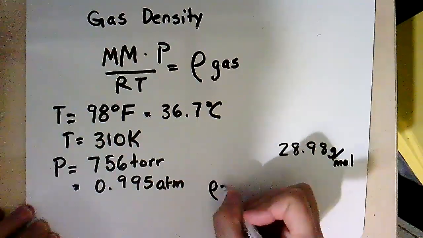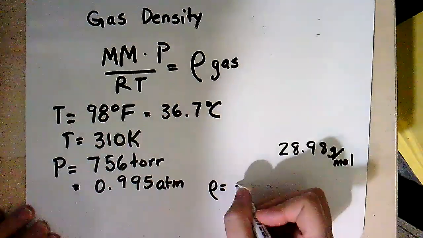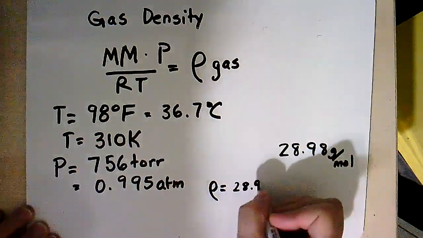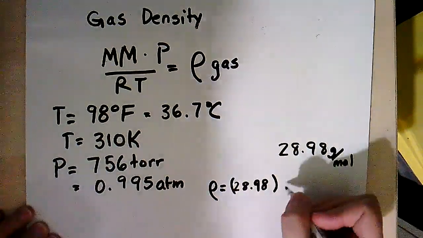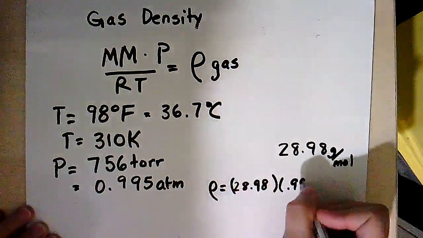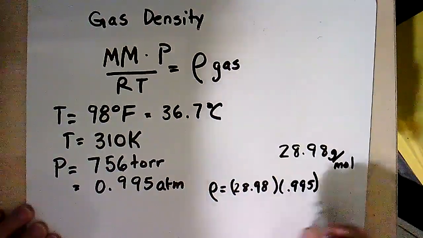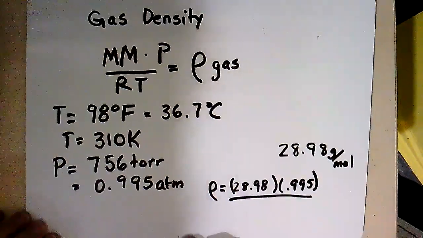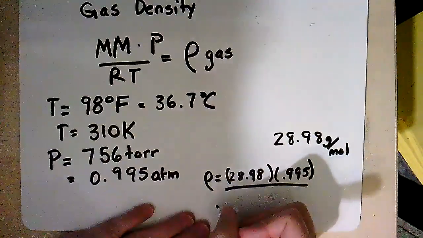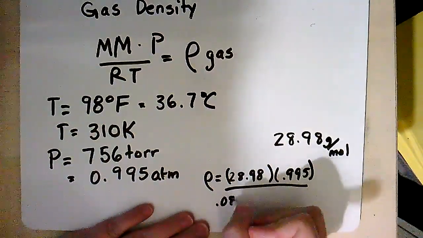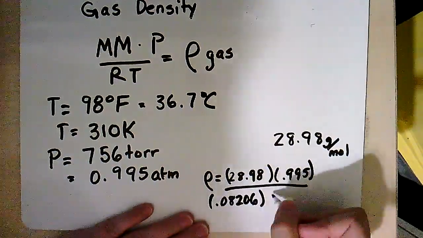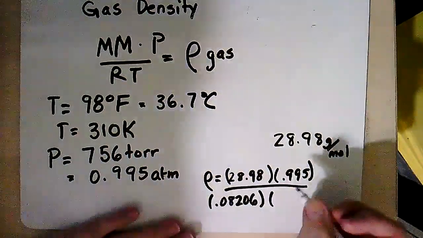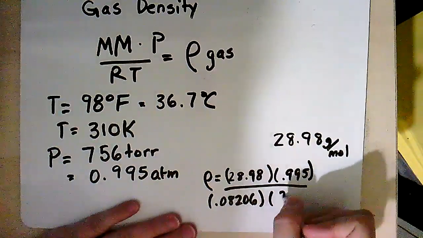So density equals molar mass, which is 28.98, times pressure, which is 0.995, divided by R, 0.08206, and also divided by temperature, 310.